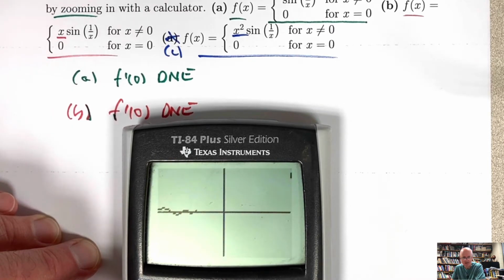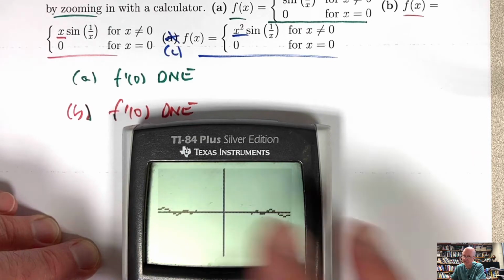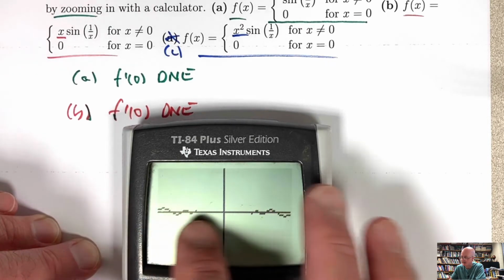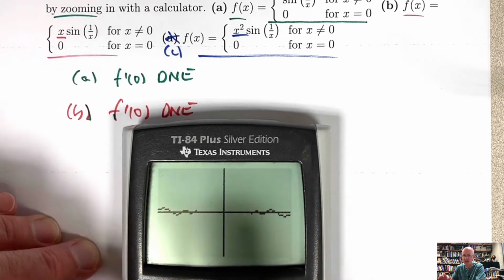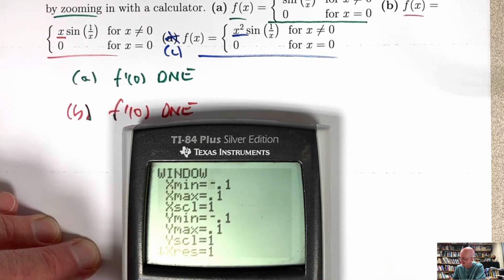You're seeing a lot of oscillations there as you're not too far away from 0. But once you get close to 0, it looks pretty flat. But is that deceiving? Is it like the other one? Will we continue to see oscillations like this as we zoom in near the origin at the same rate in both the x and y directions? Let's just see what happens.